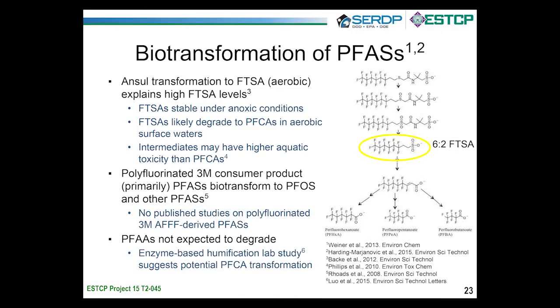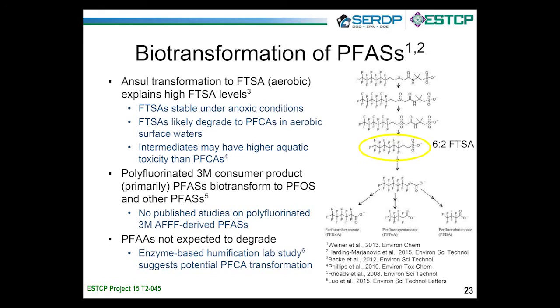When you think about the non-fluorotelomere chemistry, basically the 3M ECF-derived chemistry, not as much research has been done on the transformation of the polyfluorinated compounds in those formulations to things like PFOS or the perfluorohexane sulfonate. However, if you follow the analogies from the studies that have been done on consumer products, it's very likely that you would observe transformation to things like PFOS and the perfluorohexane sulfonate if those sorts of precursors are present in those formulations.